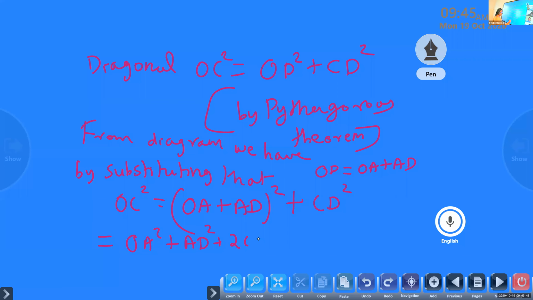Since these are vectors, we put a dot instead of multiplication. Plus CD square, just write like that.